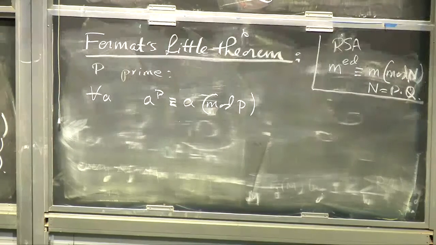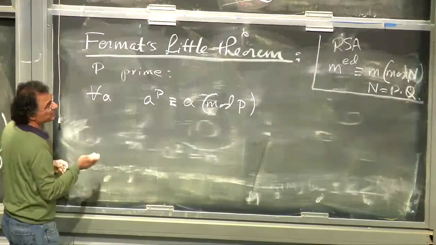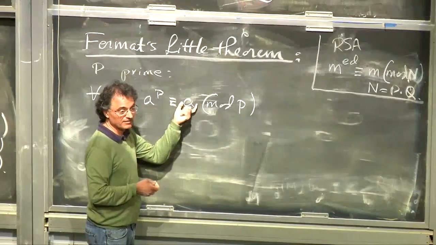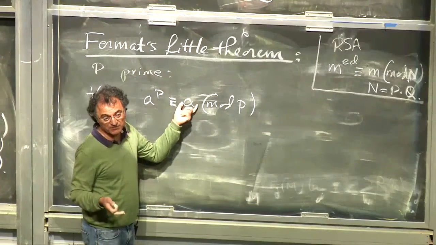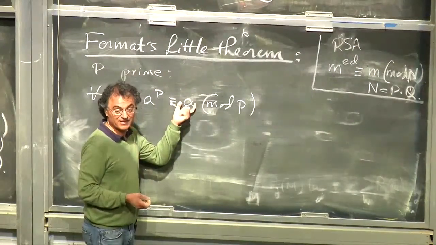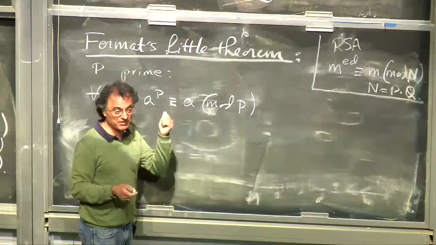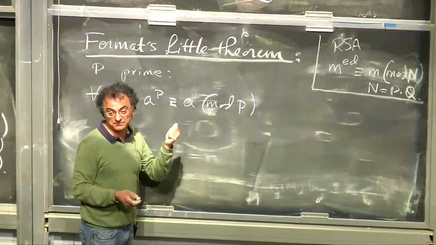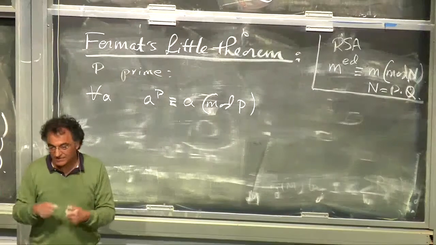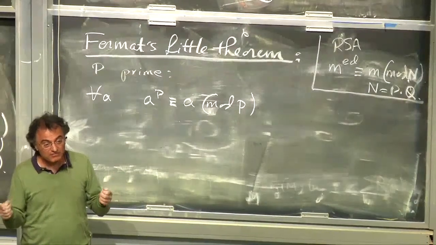Okay. Now, there's another way of saying this. So what is it about primes that's special? Well, there are only two types of numbers mod a prime, right? There's 0 mod the prime, and then everything else has GCD 1. The greatest common divisor between a and p must be 1 if a is not 0. Right? Because if a is 0, it's a multiple of p, then it's not relatively prime to p. But since p is a prime, anything else is going to be relatively prime to it.